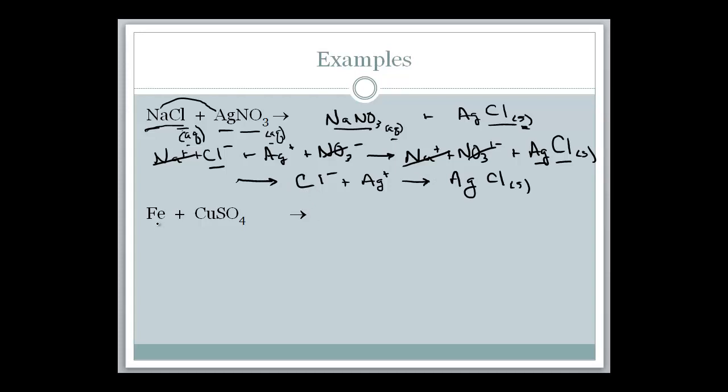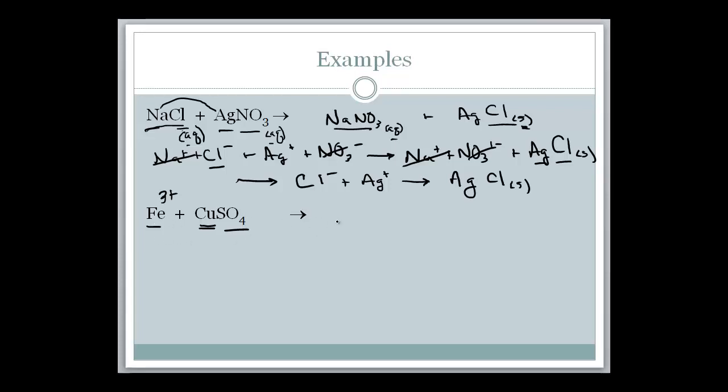Okay, we look at the next compound and we see that it's a single element and a compound. So iron is a metal, so it's going to replace the metal. Now you would need to be told the charge on iron, so let's assume it's 3 plus. Again, on a test or something, you would be given that information.